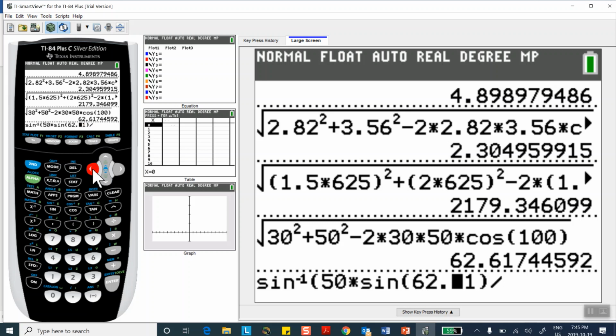Let's go back here. This is sine of 100. Oh boy, what is this?